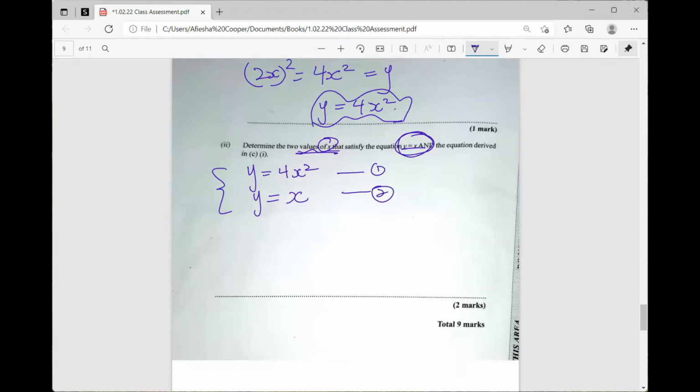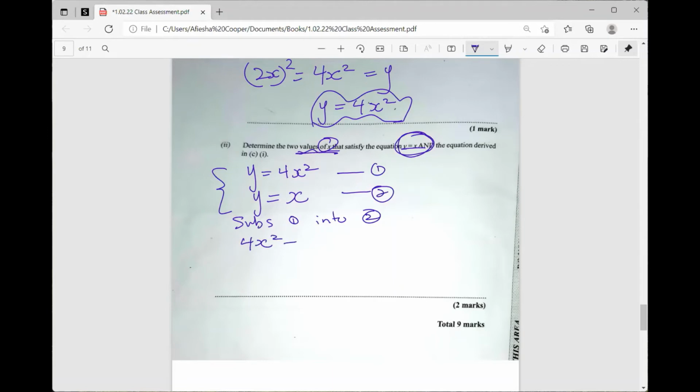You can make them equal to each other because both of them are y's. So substitute 1 into 2, 2 into 1, however it goes, make them equal to each other.